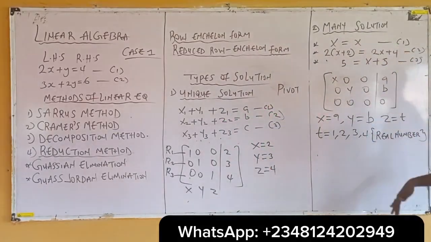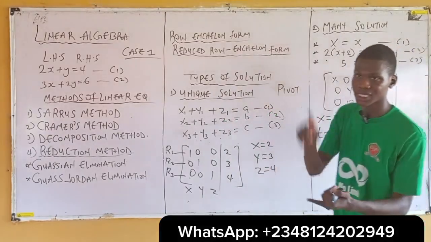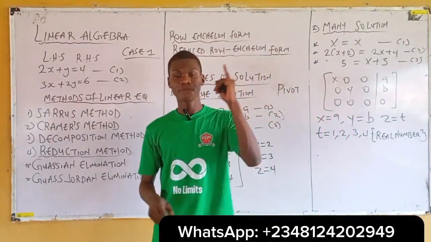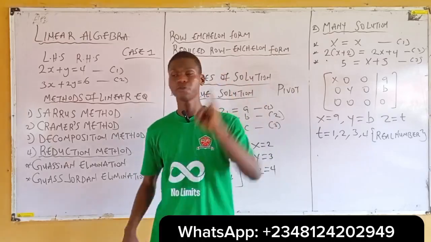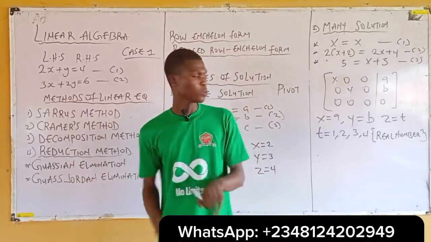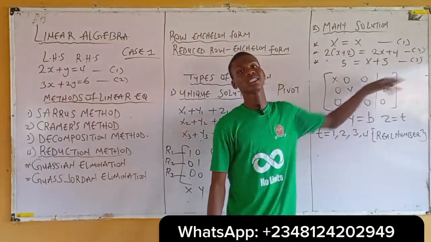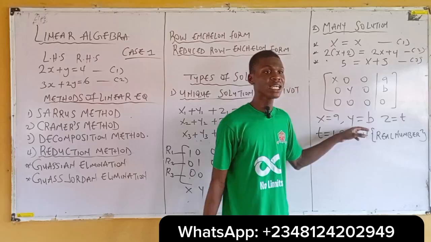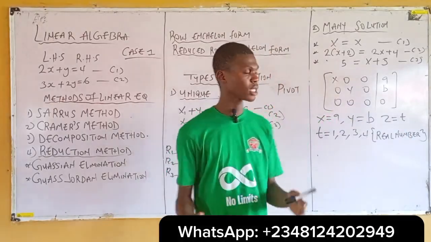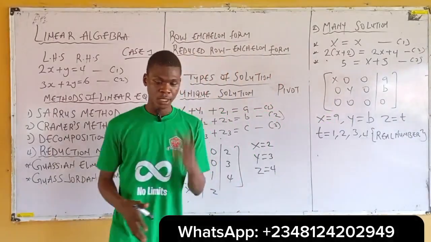Given this system of linear equations, and you want to know the values of x, y, and z, how it works is that the value of z must be known first. Are you getting me? The value of z must be known because x and y depend on z. But don't worry, you understand better when you start solving.